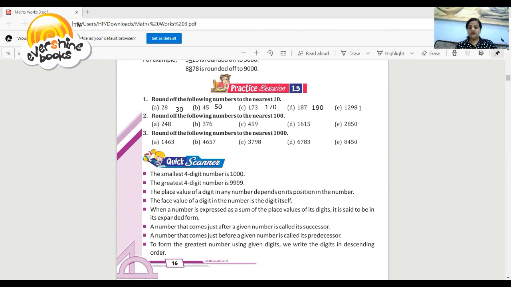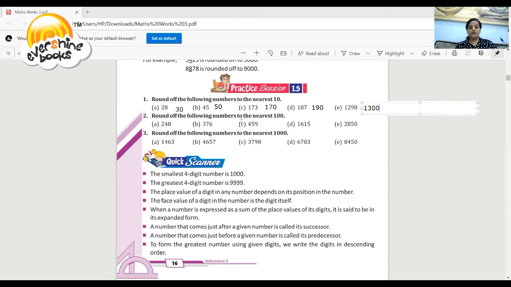Next is 1298. 98 is coming, so it is going to be added. So here it comes 1 3 and then 0 0 because 8 is there. So it is 1300, and 1000 will be the same.